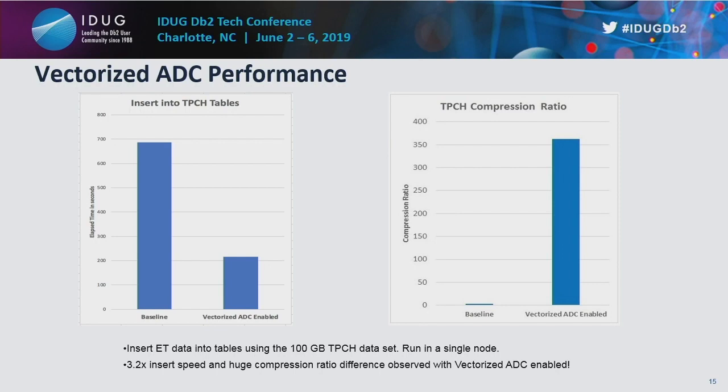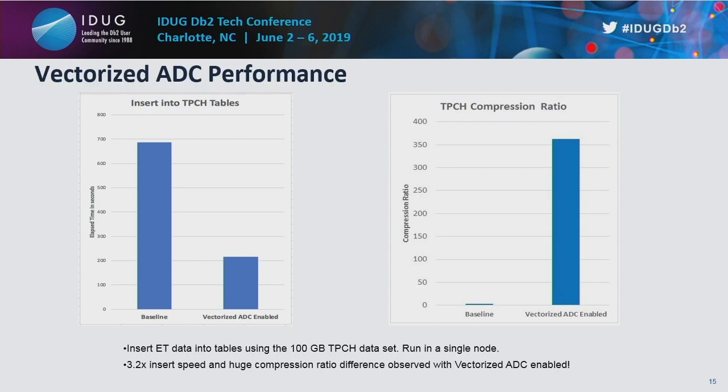The data set was 712 gigabytes. They even have the results for Db2Z. It was about 162 gigabytes compressed on Db2Z. When we inserted that before we had Vectorized ADC on LUW, it was also about 160 gigabytes.